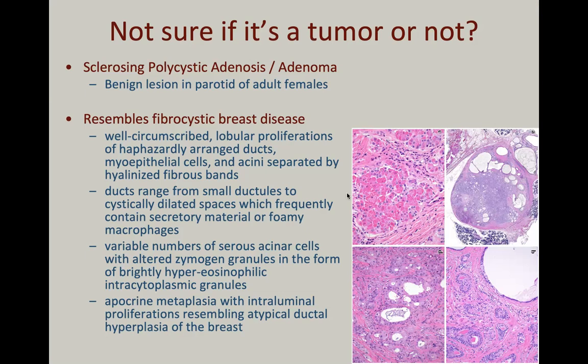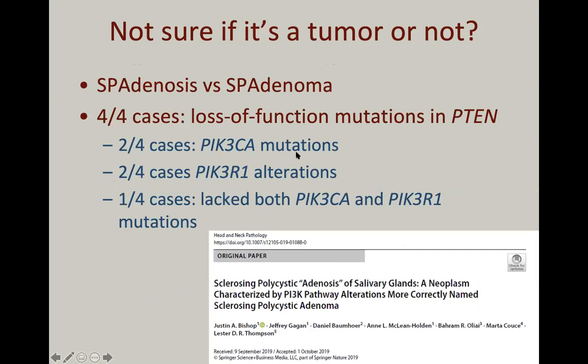So these are basically proliferations of salivary ducts and acini that can be mass forming. And recently it was found to harbor PTEN mutations. And so it's thought that this lesion that was formerly thought to be a reactive process might now actually be a neoplasm, not so much of a huge change in our understanding of the treatment of these patients, but more just an interesting thought on tumor biology and how we are learning things every day.